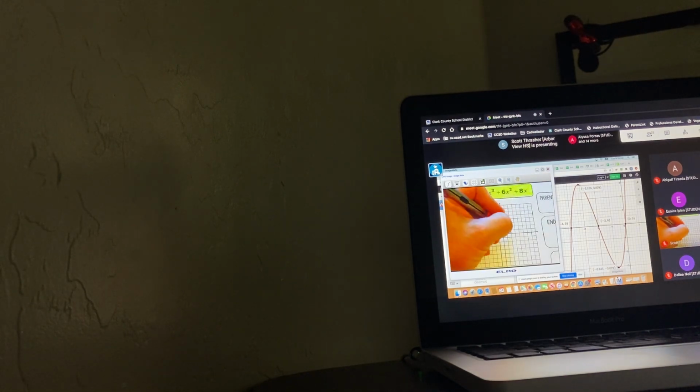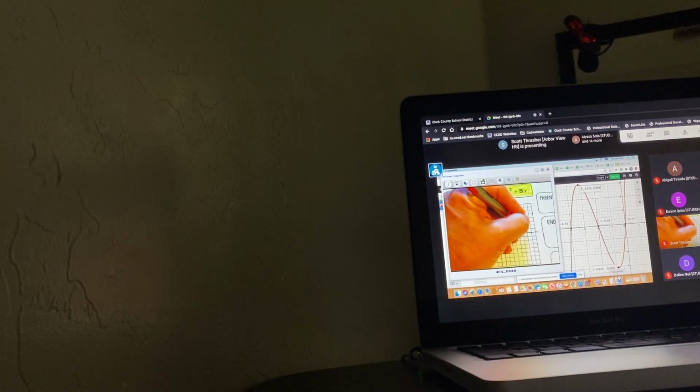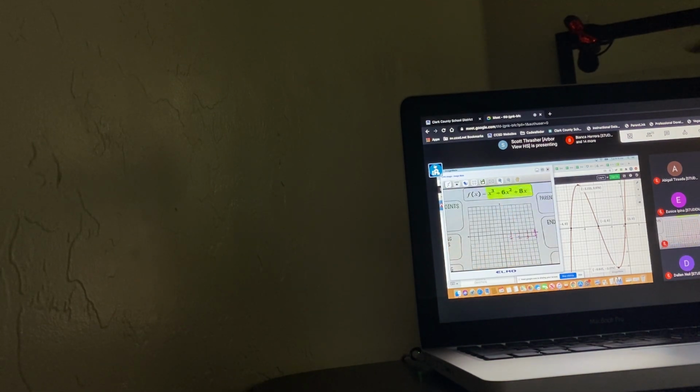I want to make each two spaces one spot, just so it's easier for you to see. Let's go up every two: 1, 2, 3, 4, 1, 2, 3, 4. And I'm going to go down: 1, 2, 3, 4.